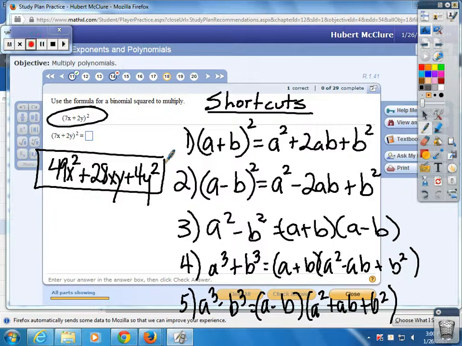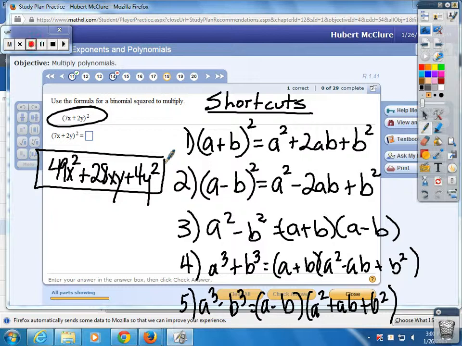Now, if you did not get this right here, like when I did it, then you need to go back and do some brushing up. Because you should be able to get that and go, okay, I remember that. And if you're saying, where'd 28 come from? Then you need to review.